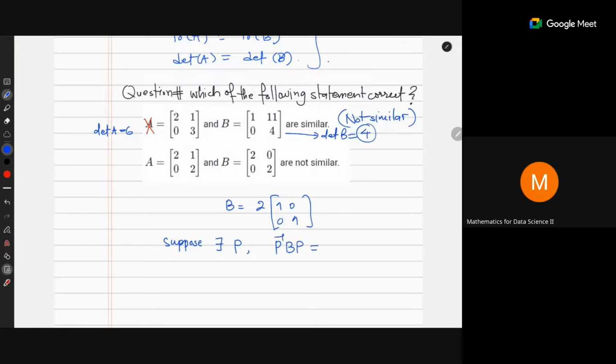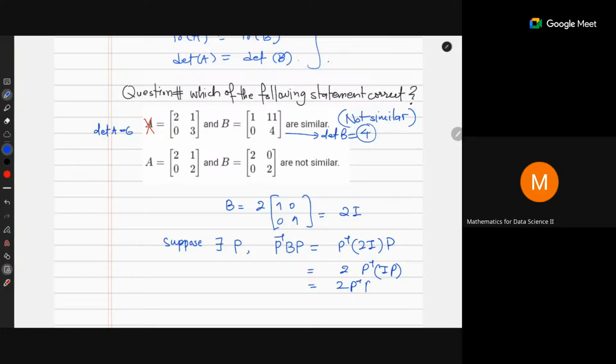It would be, this is nothing but 2I. It is 2 times I. So it would be P inverse 2I P. So you can take P out, and you can take 2 out, and then it is P inverse I P. Now multiplication of anything with I will give you the matrix itself.